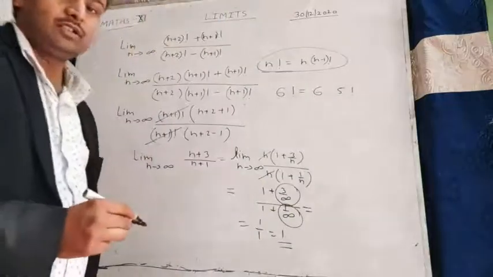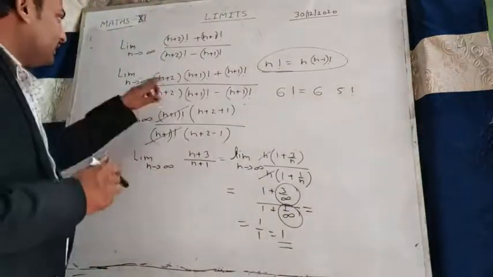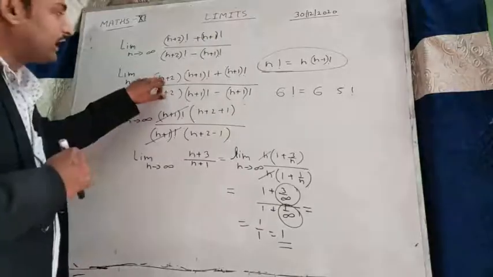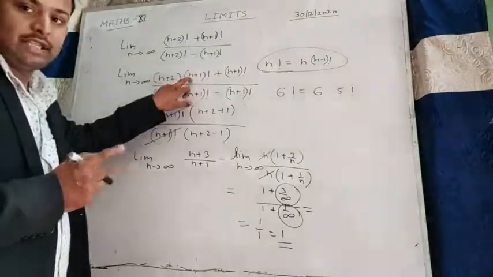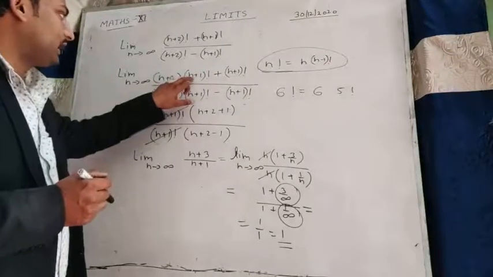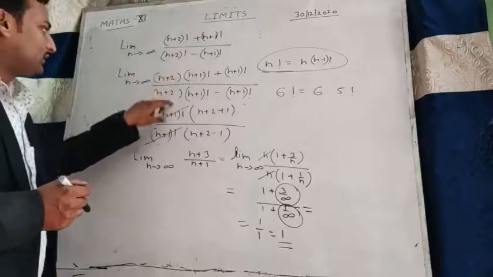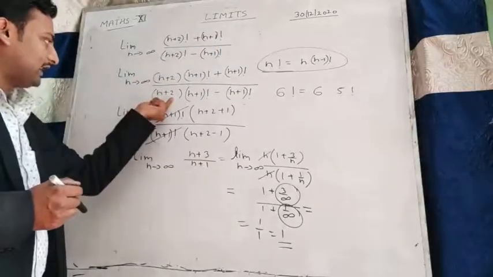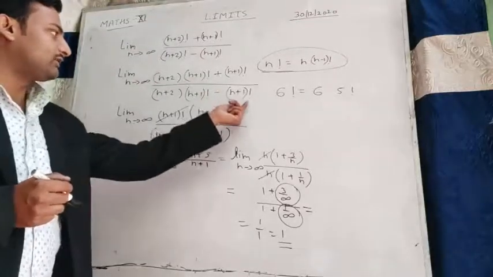So here we are applying, here is n plus 2. When we write n plus 2 outside, the factorial term will be less than 1, so it will change to n plus 1 factorial. The same procedure we apply in the denominator: we write n plus 2 outside and n plus 1 factorial, and this is minus factorial n plus 1.